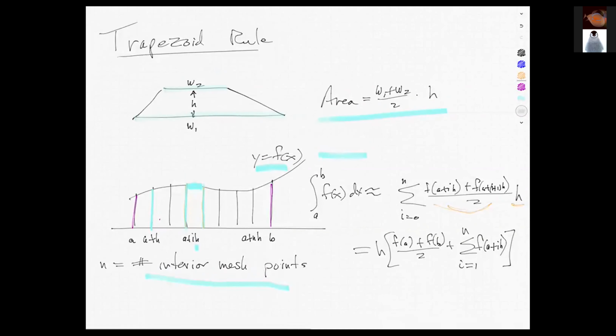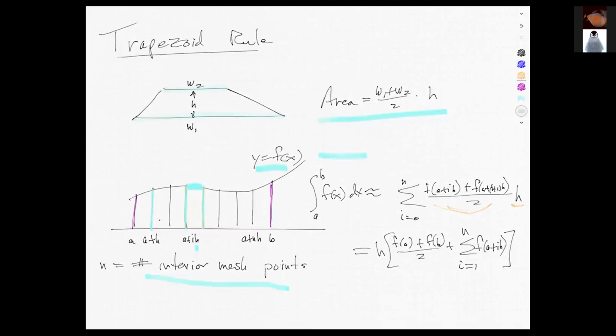Now, it's worth pointing out that when you add all this stuff up, each of the values of f at each one of these points, for example, f of a plus ih, ends up being counted twice.